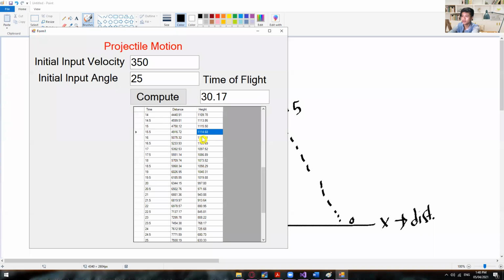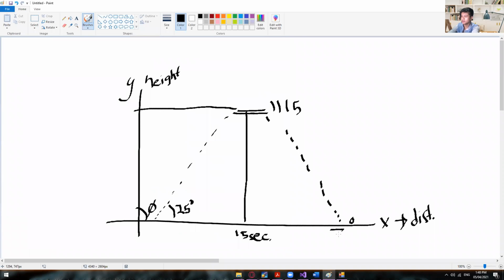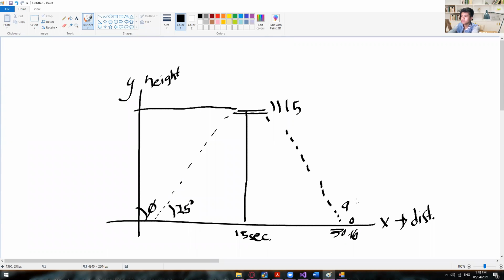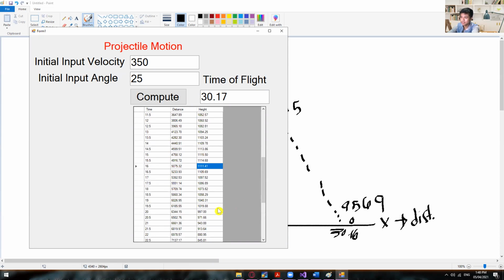At 15.5 seconds it's now 1,114, then 1,111, up to 30.16 seconds. So at this point, 30.16655, it traveled a distance of 9,569, and of course the height was already 0. So that's basically what we are trying to compute here.